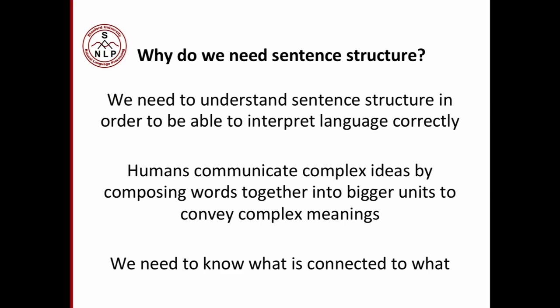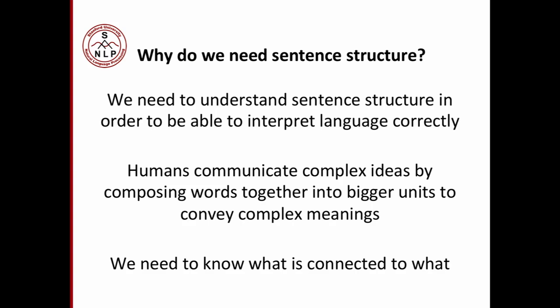The way human beings can express complex ideas and teach things to each other is that you can put together words to express more complex meanings, and then do that over and over again, recursively, to build up more and more complex meanings.